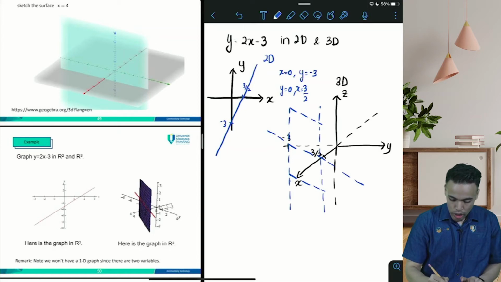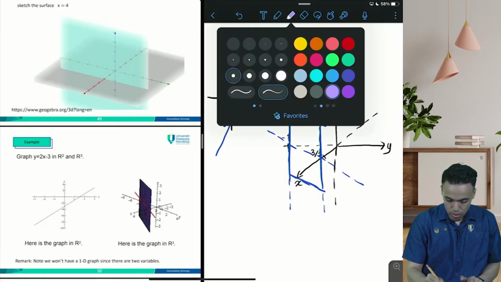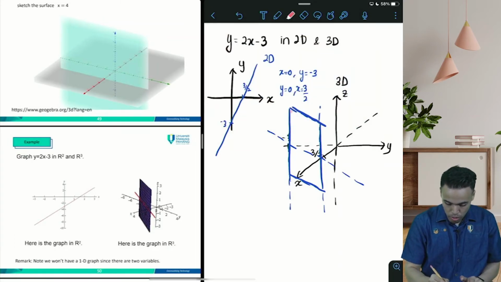Then if I try to improve the figure, okay, let me put some shading over here so that you can see how the plane is formed clearly.